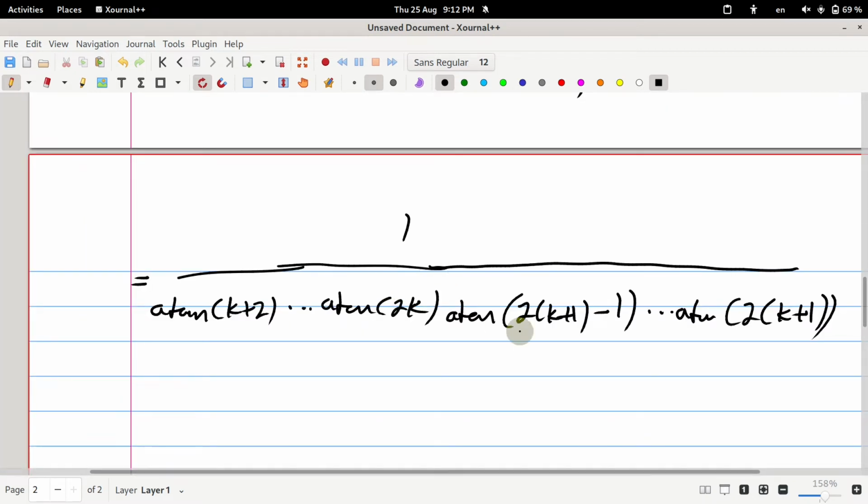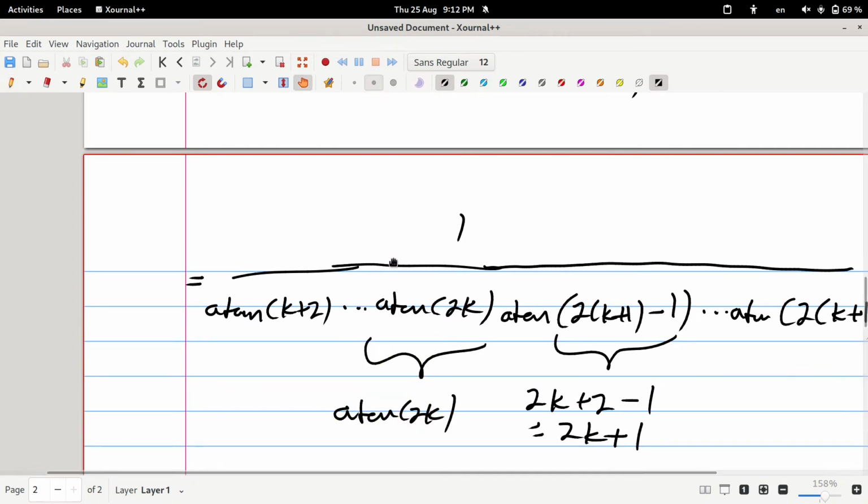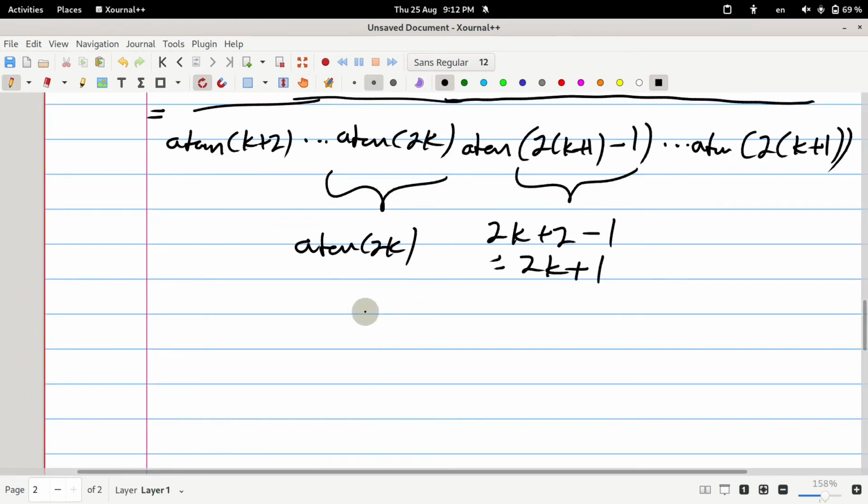So what do we see here? This is basically equal to 2k plus 2 minus 1. This is just equal to 2k plus 1. That means that this is a direct succession from this, a tan 2k. And this is exactly what we want to prove.